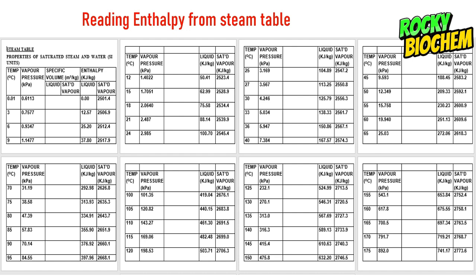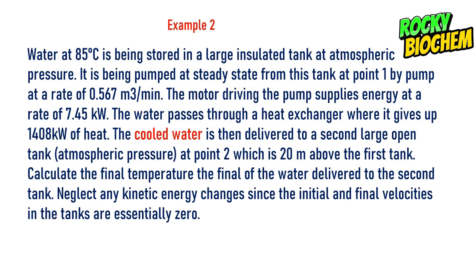So let's start doing the calculation so that you will appreciate what I am talking about. Let's consider this particular worked example. Water at 85 degrees Celsius is being stored in a large insulated tank at atmospheric pressure. It is being pumped at steady state from this tank at point 1 by a pump at a rate of 0.567 meter cube per minute. The motor driving the pump supplies energy at a rate of 7.45 kilowatts.